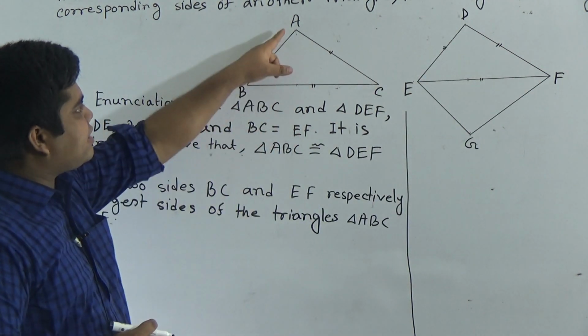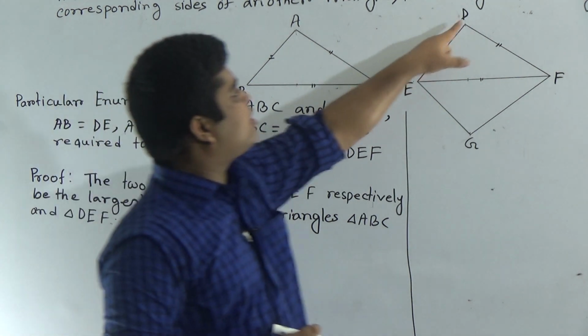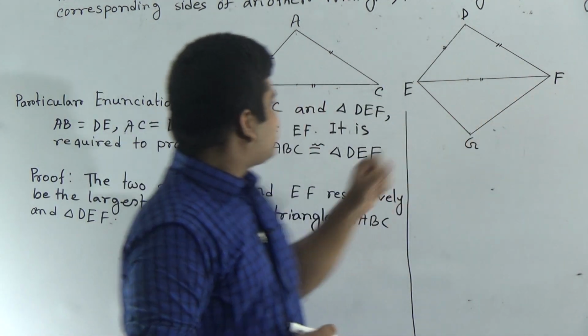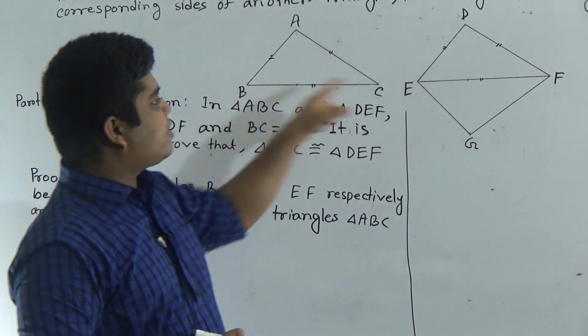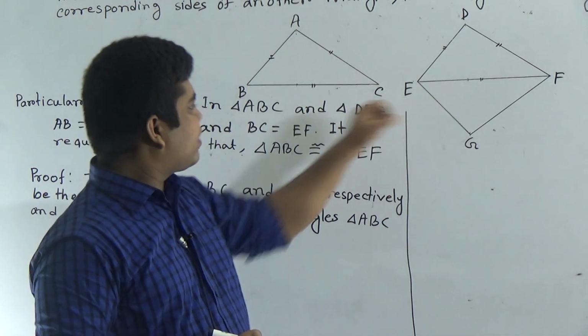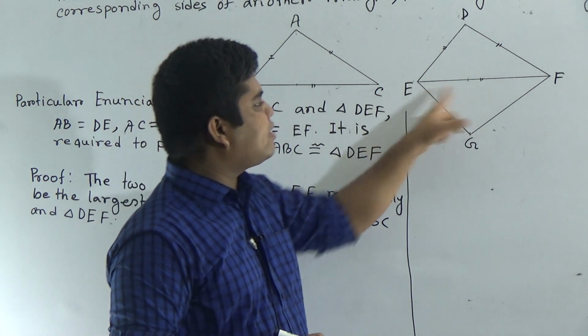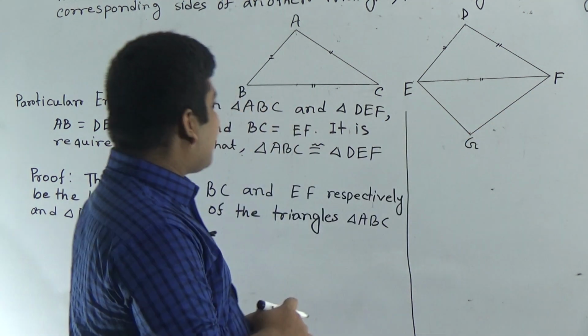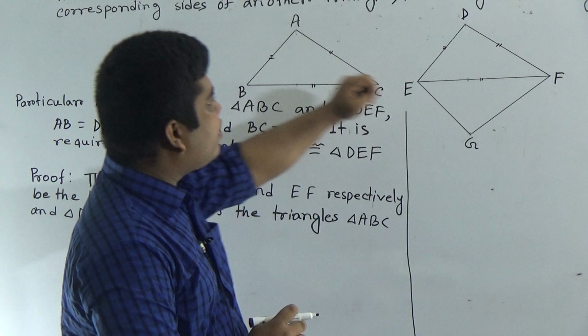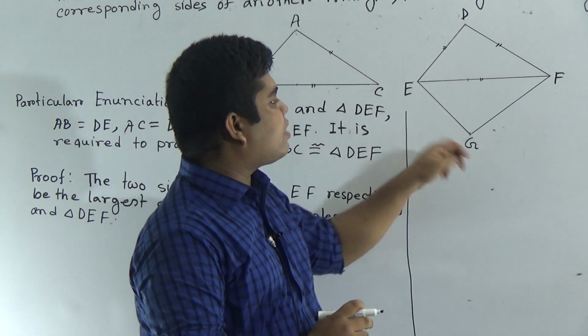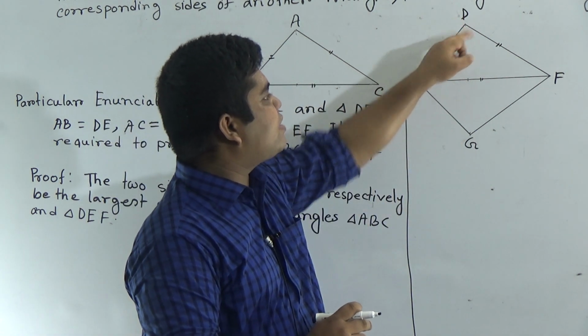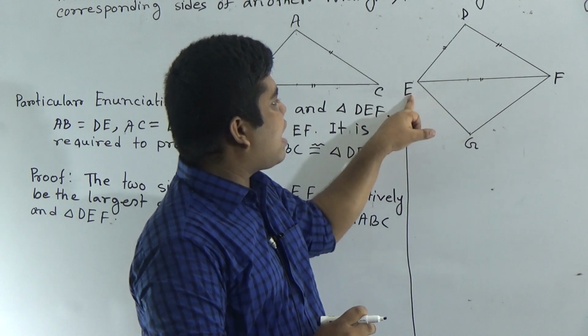Now we place the triangle ABC on the triangle DEF. So the point B must fall on the point E. The side BC must fall along the side EF. But the point A falls on the opposite side of D. That means D is present above EF.